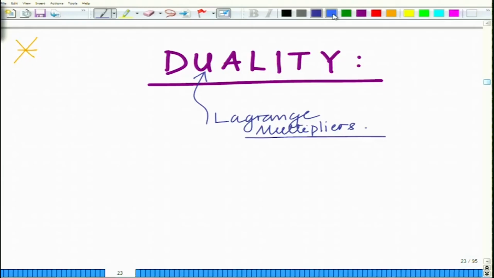Now let us go back to the standard form optimization problem.